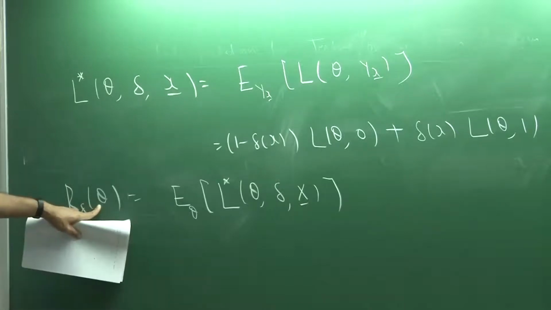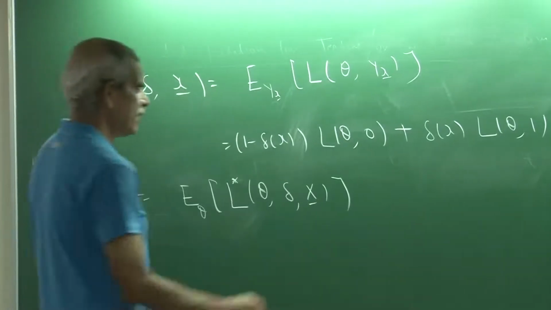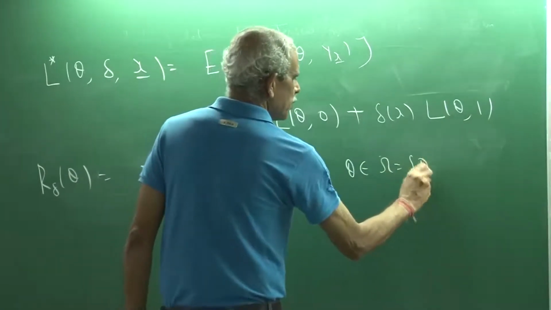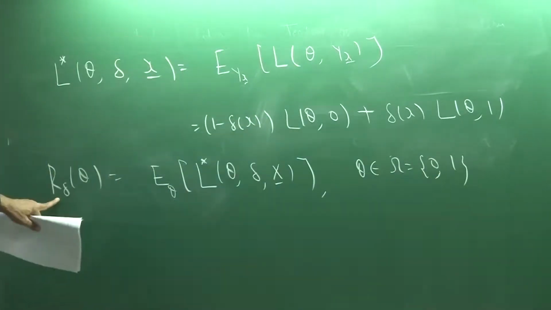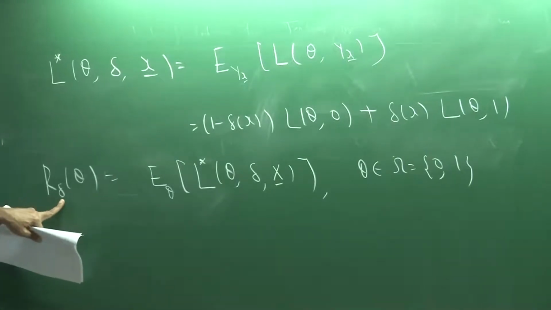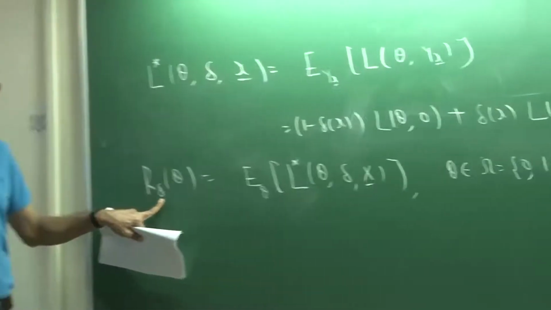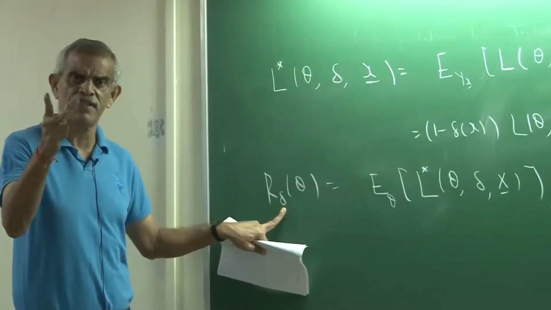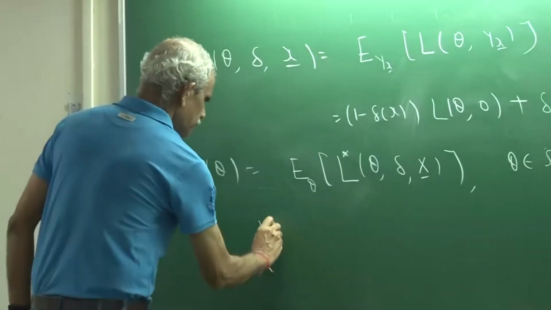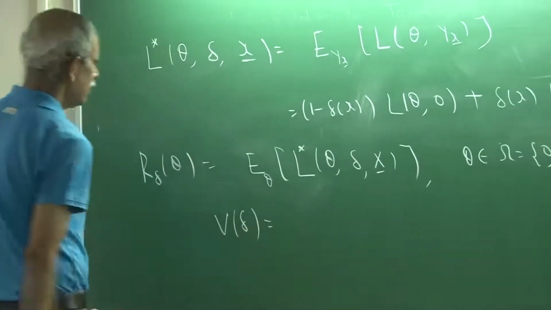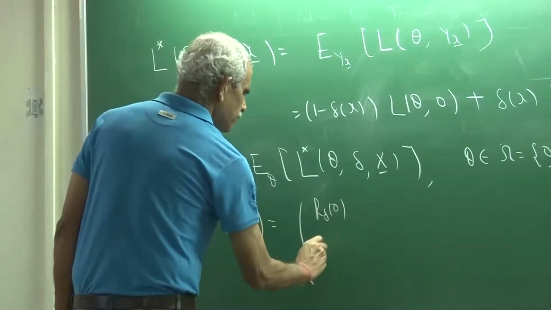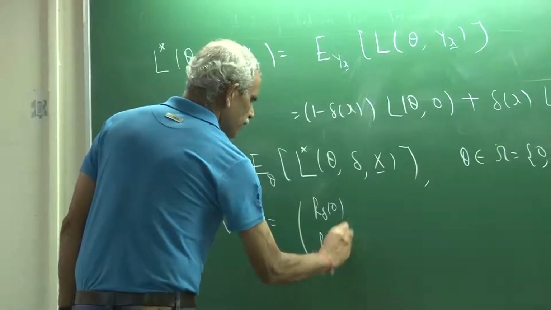So I can talk about theta at 2 points, theta 0 and 1. So for any decision rule delta, the risk function consists of only 2 points, R(delta, 0) and R(delta, 1). So I can talk about V(delta), for any decision rule delta, as (R(delta, 0), R(delta, 1)).